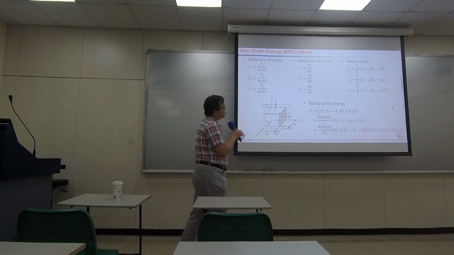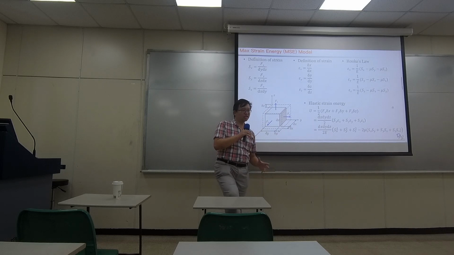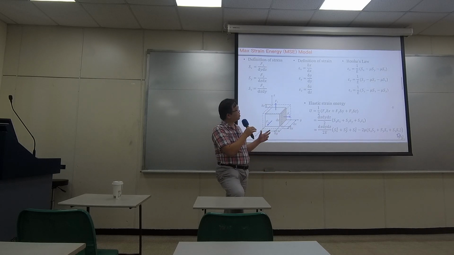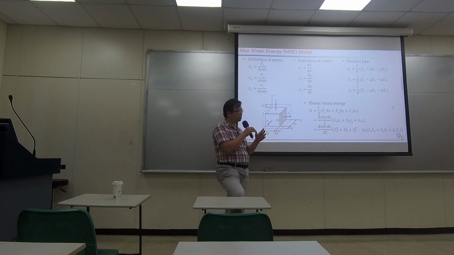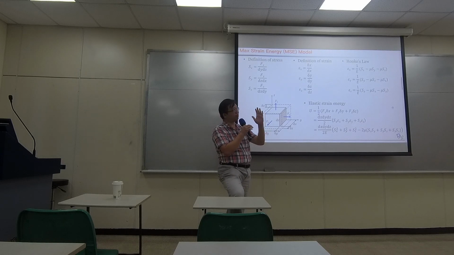Now, here comes Hooke's law. Hooke's law describes the linear relationship between the stress and the strain. However, it also covers the information along the directions that are not the stress direction you are investigating.